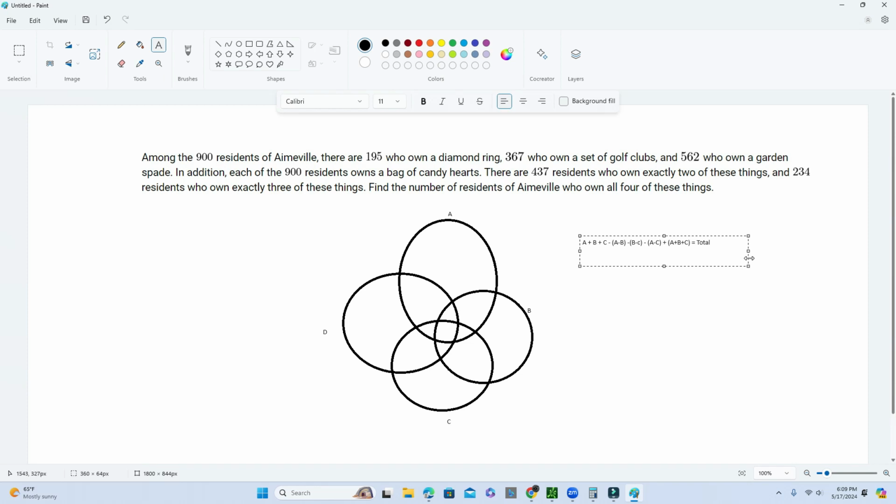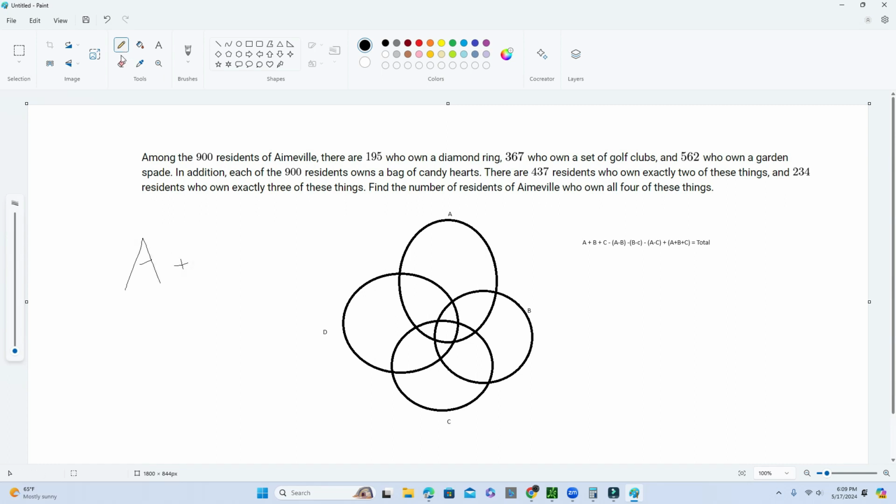For the 4-set diagram, though, it's a bit different. The idea is that it would be A plus B plus C plus D, then minus the overlaps of A, B, and so on, essentially all of the overlaps of 2.